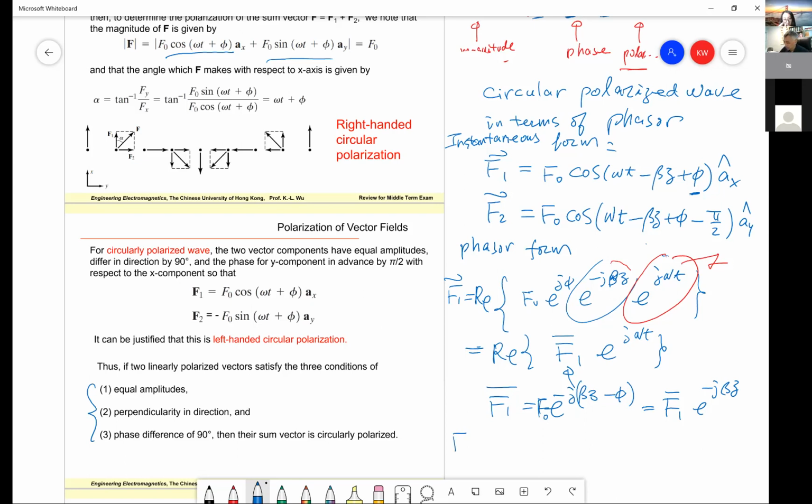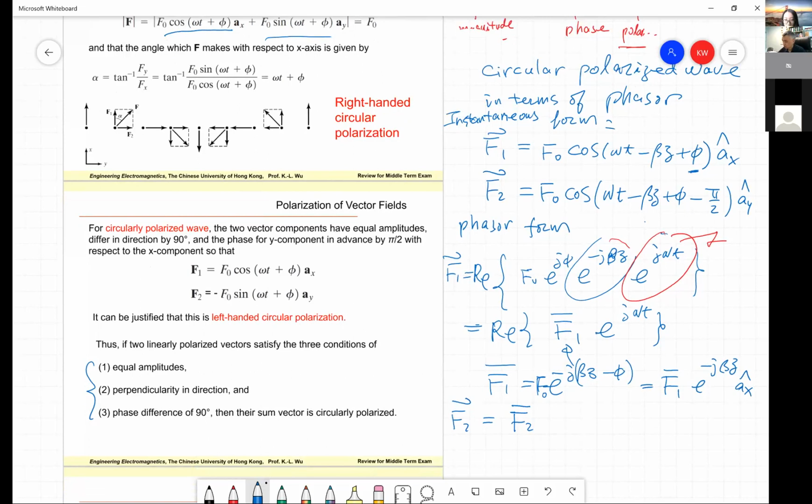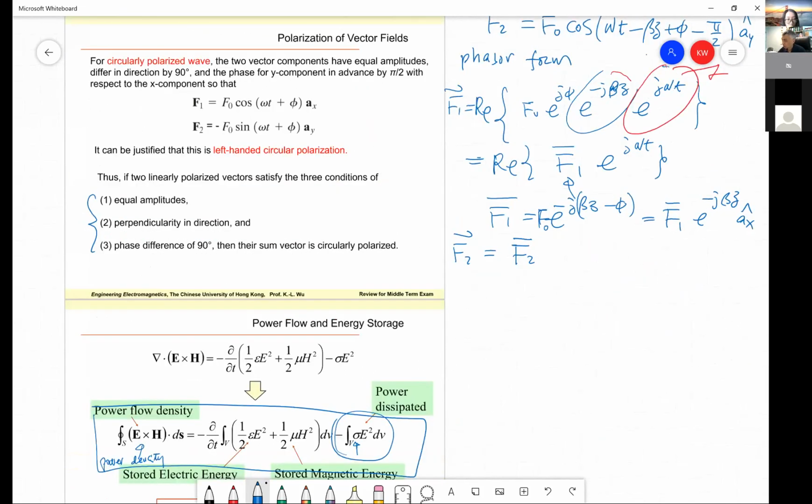Similarly, F2, polarized in the y direction.